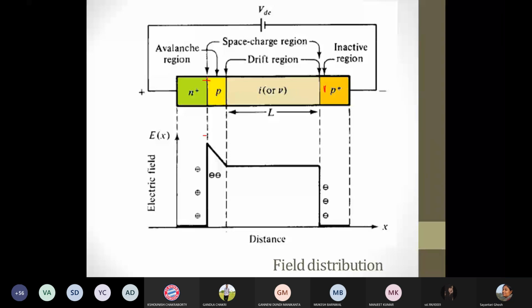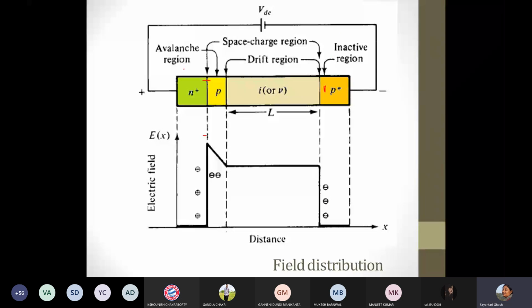Beyond that, inside the P region, the electric field decreases, and throughout the intrinsic semiconductor, the electric field is almost constant because the charge does not change much. It suddenly falls off to 0 once you reach the P plus junction on the other side.